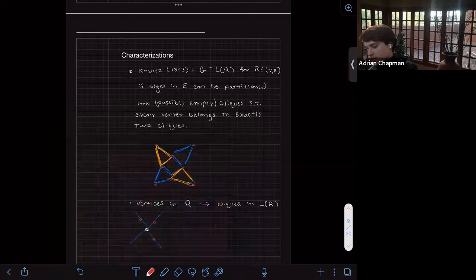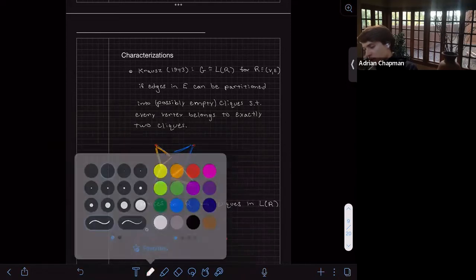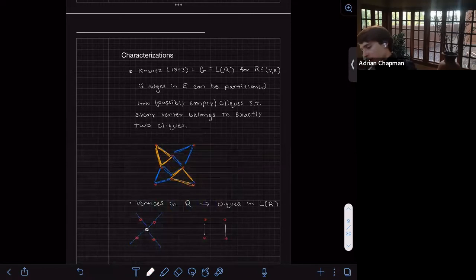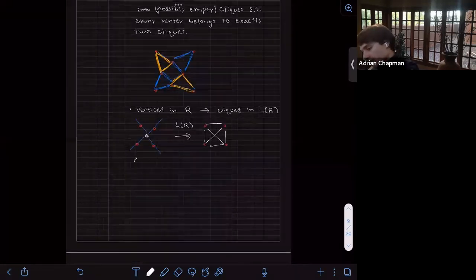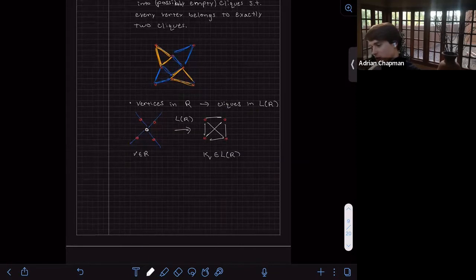Under the line graph mapping, these four edges are mapped to four vertices in the line graph, and these are all mutually neighboring. This is the vertex in R. This is a clique in L of R. And cliques will be important for us later on.